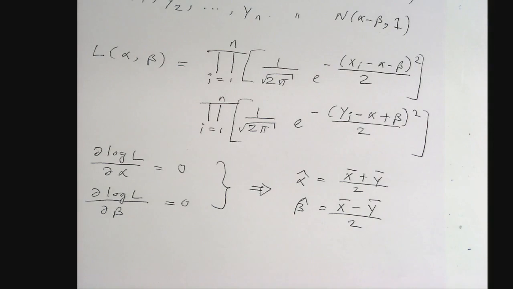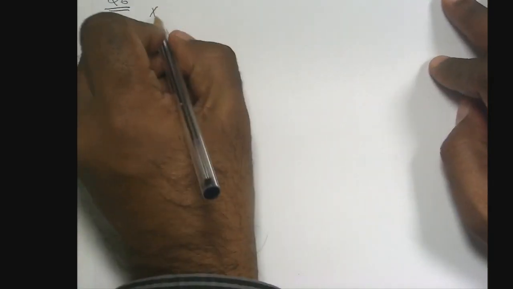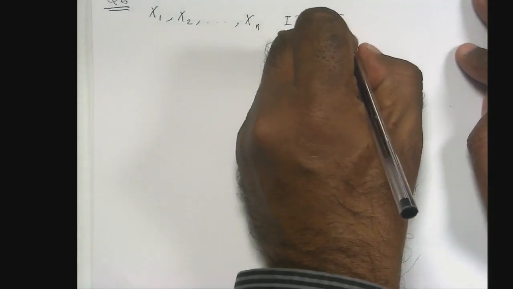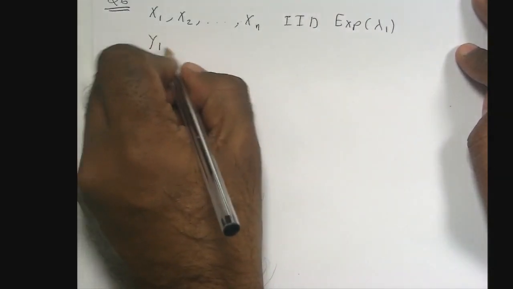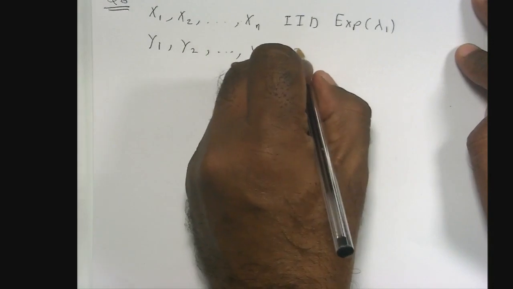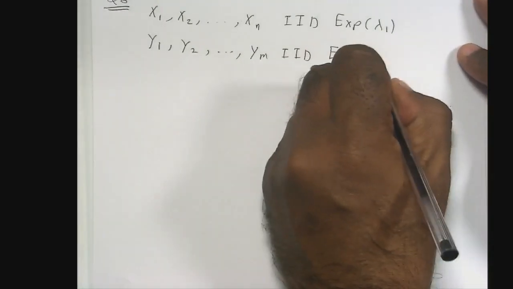But now, returning to question 6, guys. In question 6, we have x1, x2 up to xn IID exponential with parameter lambda 1, and then you have y1, y2 up to ym IID exponential with parameter lambda 1, lambda 2.